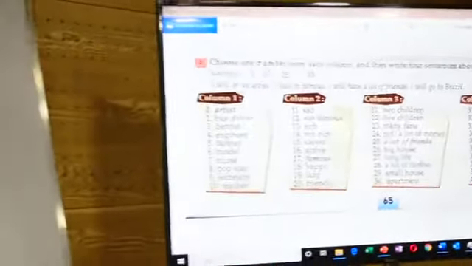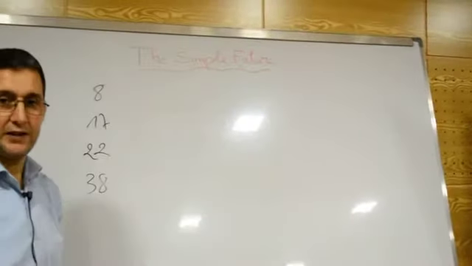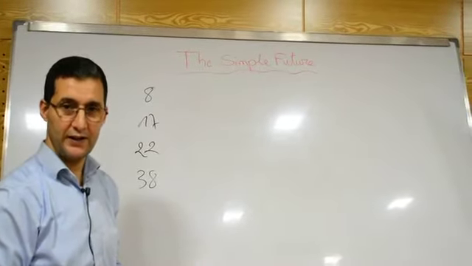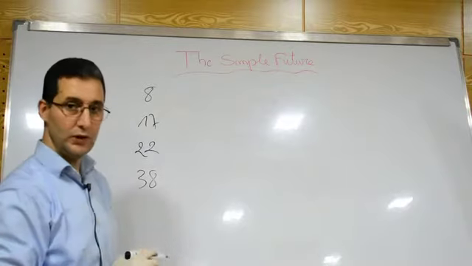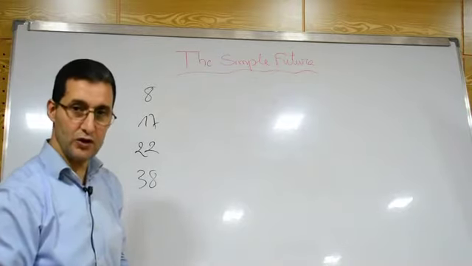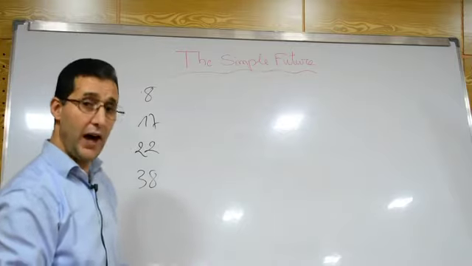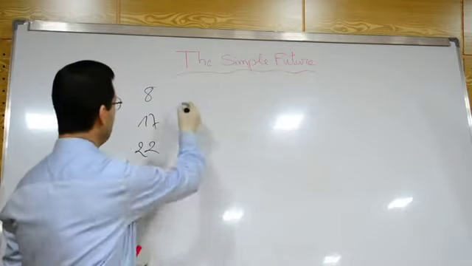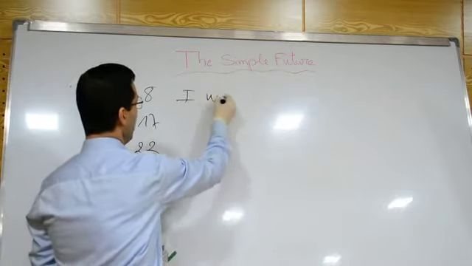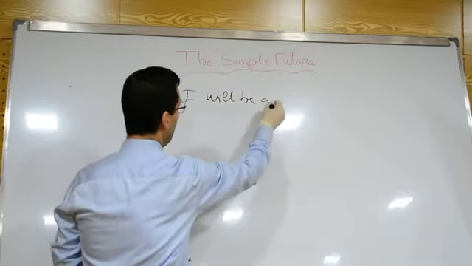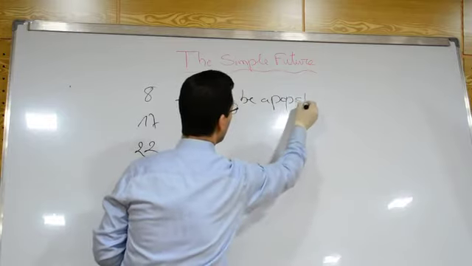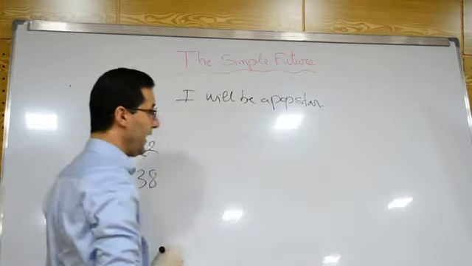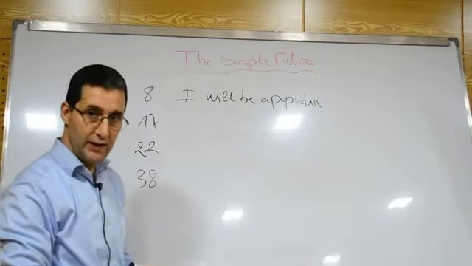Okay, what do we have in number 8? Pop star. Let's make it in a sentence. What will you be in the future? Oh, I will be a pop star. So this is the sentence. I will be a pop star. Then, number 17.